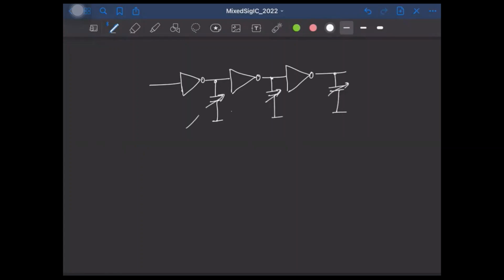And of course, by tuning the capacitor value, I mean that you can have multiple capacitors like this, a capacitor bank, right? It can be weighted in a binary fashion, 4C, 8C, right? And you can put the appropriate number of capacitors here to generate the required delay.